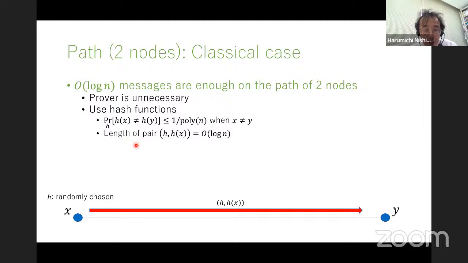And the length of the hash function and hash value is logarithmically small. So this node chooses a hash function randomly and sends the hash function and hash value. This is an efficient length. And this node computes the hash value of Y and checks the equality. That's it.